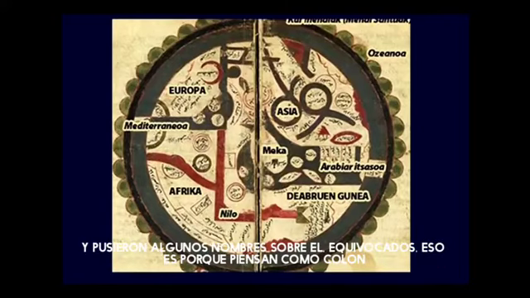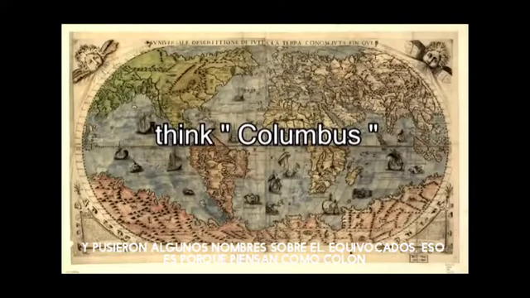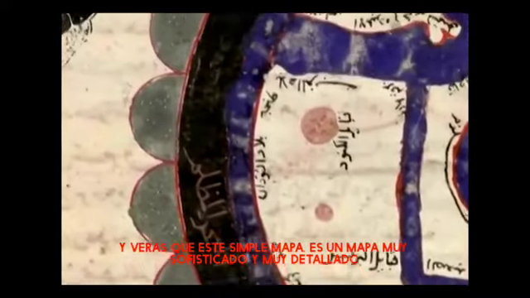Wrong. That's because they think Columbus. But if you compare it with my map, you will see a totally different story, and you will see that this very simple map is a very sophisticated map, and it's very detailed.